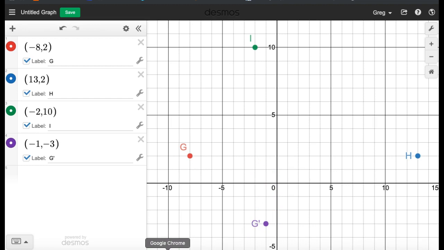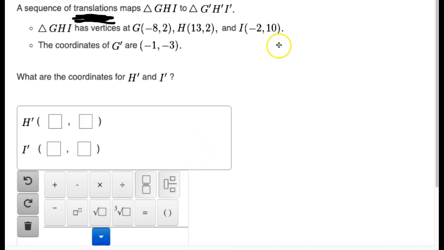So the best way to go about this is to think about first writing the rule. The rule to get from G to G prime was I went right 7, and I went down 5. So I want to do this same thing for each of these. Now, we could look at the graph and count right 7 and then down 5.